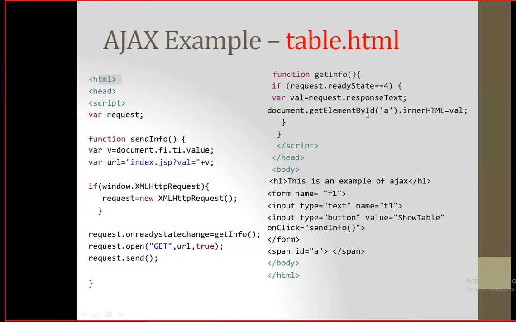So we specify the ID A, and we update the innerHTML property, that means the text of that particular element, right? So the span element will be updated with the table of 5. Understood? This is how, without directly firing to the server, we get our operation executed, and we update a specific region of the same HTML page.